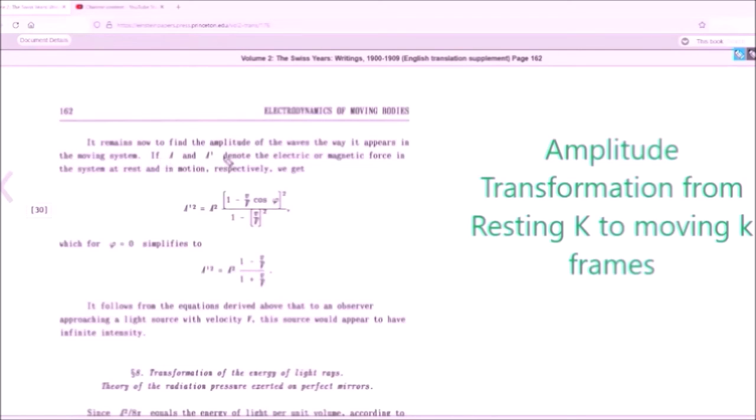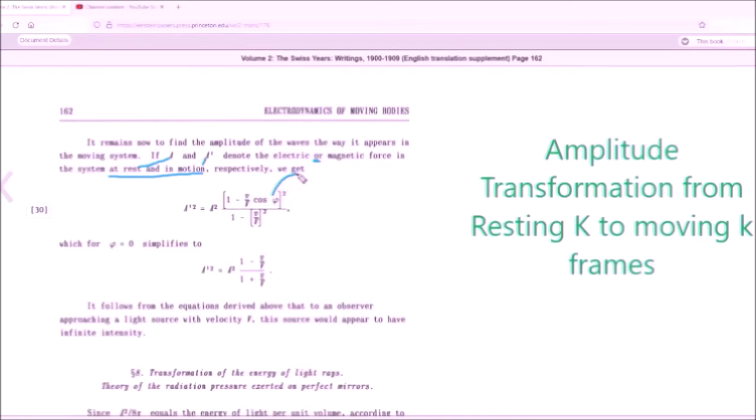If A and A prime denote the electric and magnetic force in the system at rest and in motion, respectively, we get A prime square equals A square times this factor. We got that from a previous assumption. We still don't have a very direct proof for it.